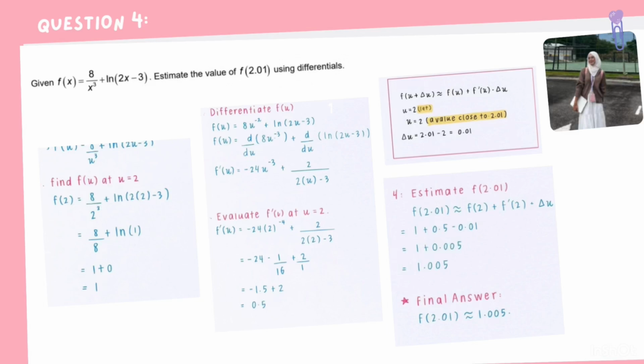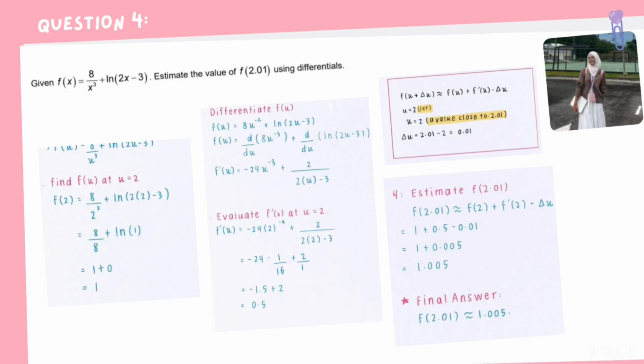Step 2, we have to find f(u) at u equal to 2. f(2) equals 8 over 2 cubed plus ln(2 multiplied by 2 minus 3), equals 8 over 8 plus ln 1, and we got 1 plus 0 equals 1. So, f(2) equals 1.